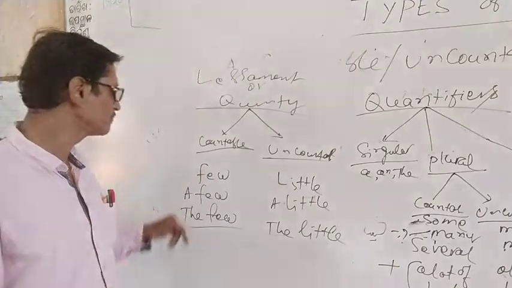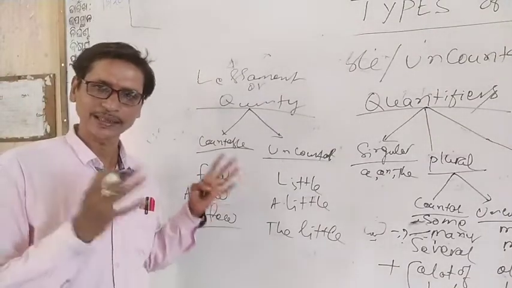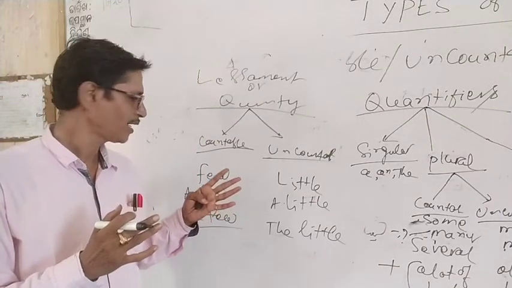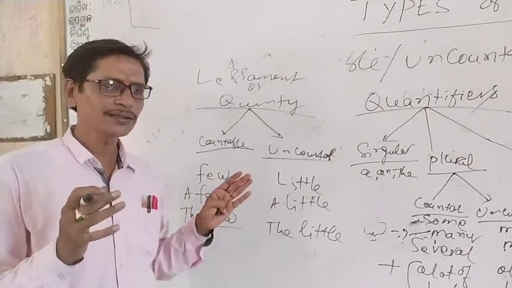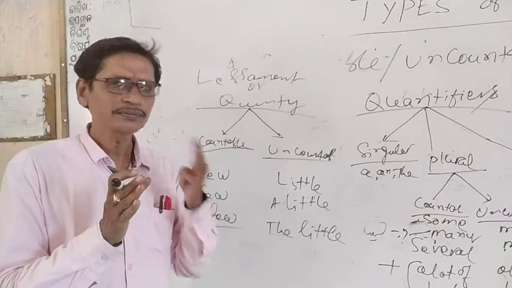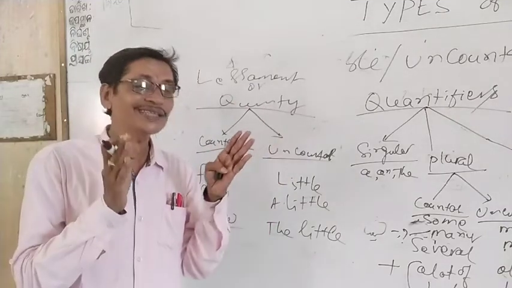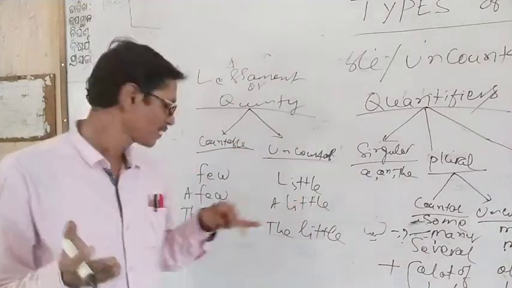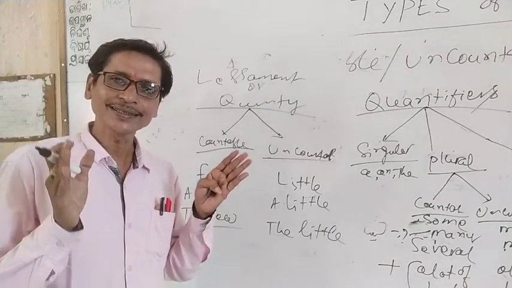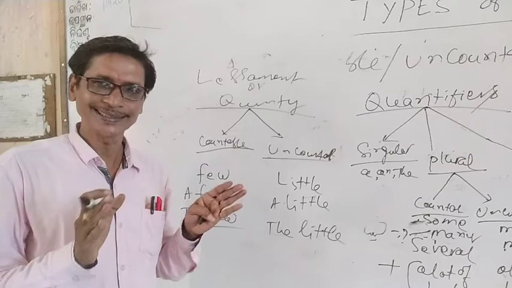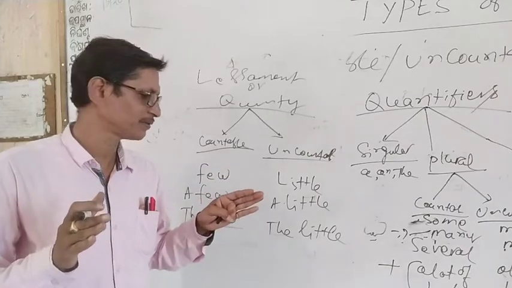You also understood few means nothing. Examples given. Similarly, a few means a small number, not more, but what exactly the number is we don't know. The few means we know the exact number. It is less, but we know the exact number.